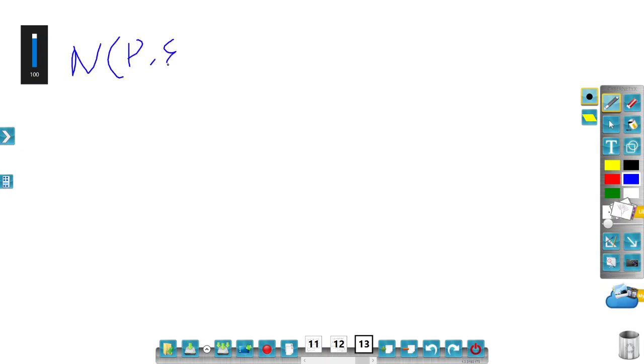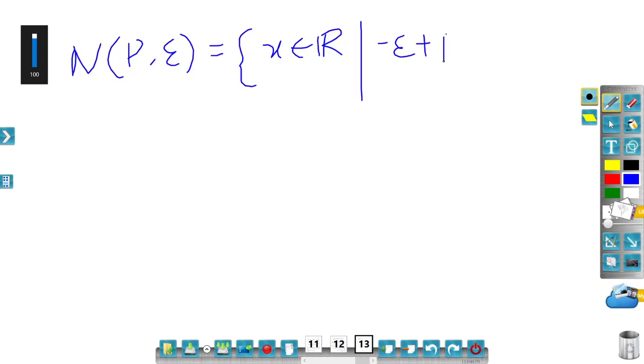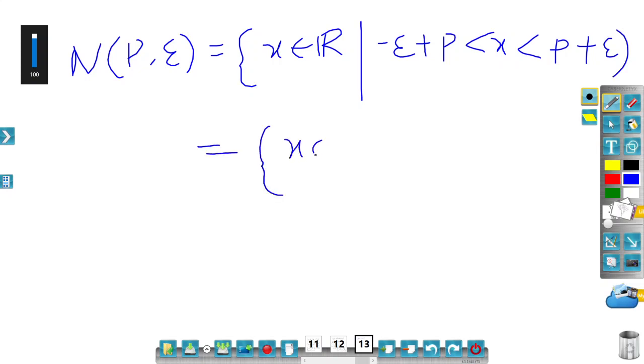N(p, epsilon) is those x belongs to R such that minus epsilon plus p is less than x, less than p plus epsilon. So in interval form, this is those x belongs to R such that x lies between p minus epsilon and p plus epsilon.